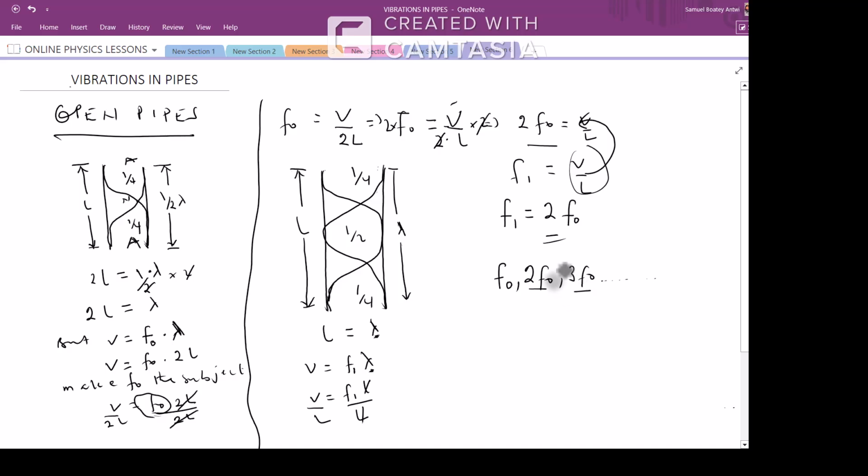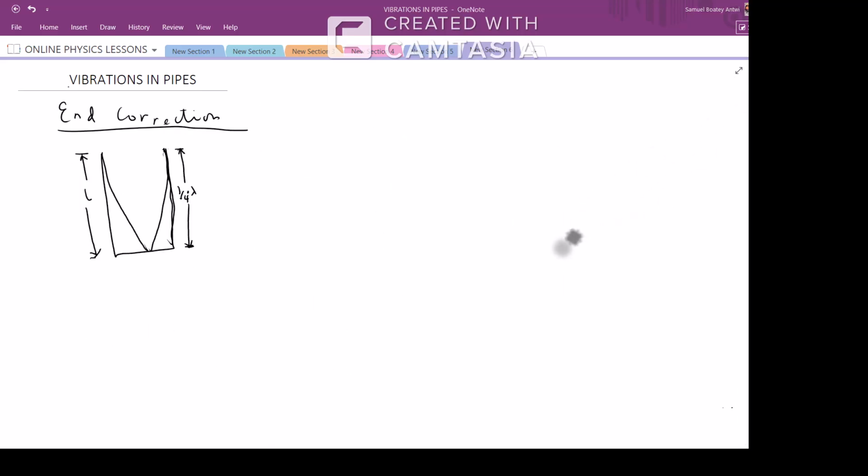Now, how do we employ all this? These are all hypothetical scenarios. But before we move on to look at its application, we would also have to look at another concept known as end correction. This is a diagram trying to depict end correction. I've not brought in the end correction bit yet.